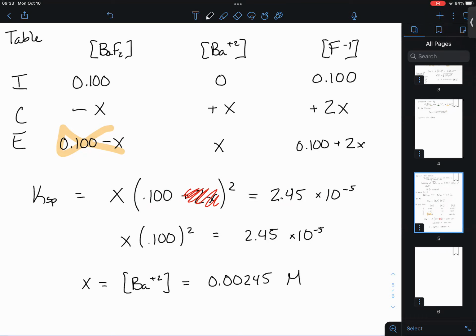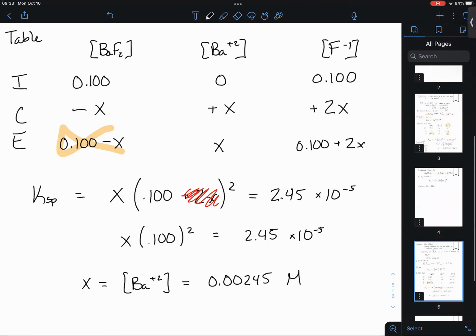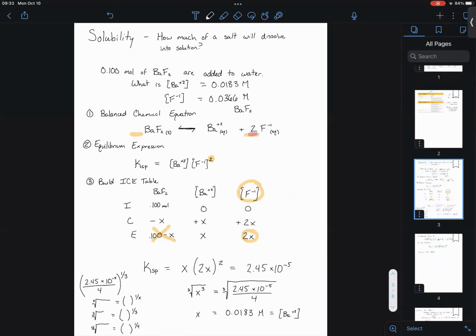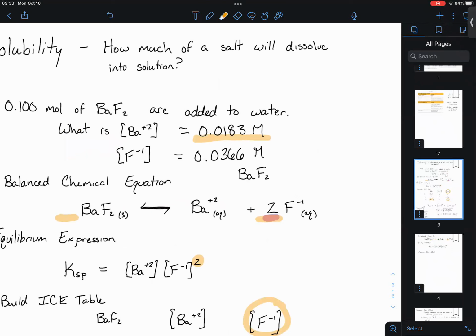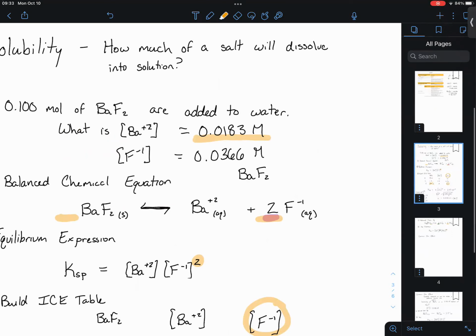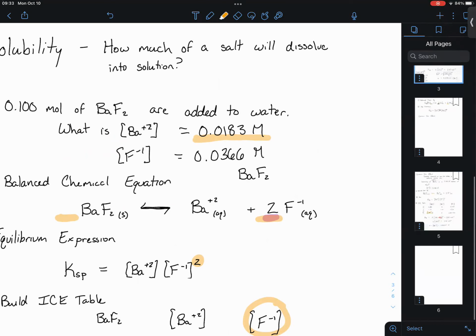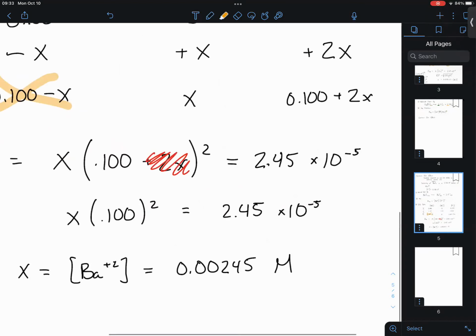Okay, and just comparing that to what we got originally, our concentration of barium when we had no other salt in there was 0.0183. Now we can see that we got a much smaller number for the barium concentration, right?